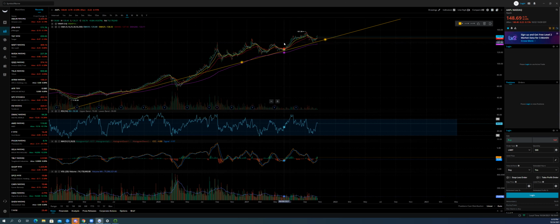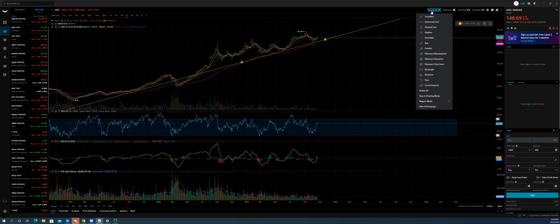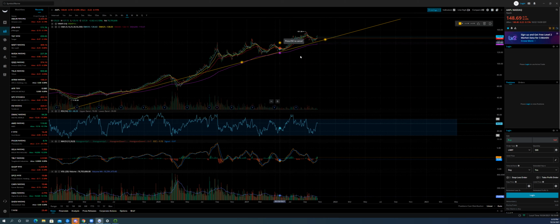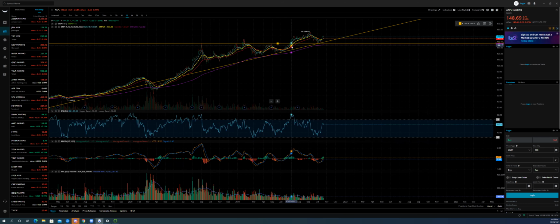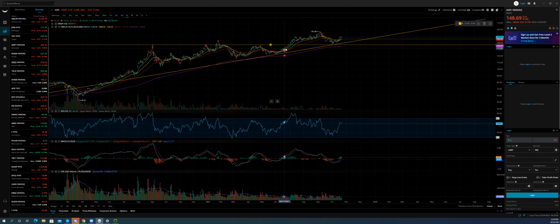But eventually we broke above this resistance right here, so you can go ahead and draw your horizontal line. Then it rode the 10 EMA and pushed up towards 157. So the 10 EMA and the 25 EMA rode and pushed up to 157.